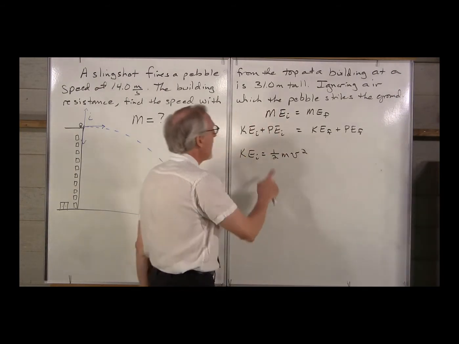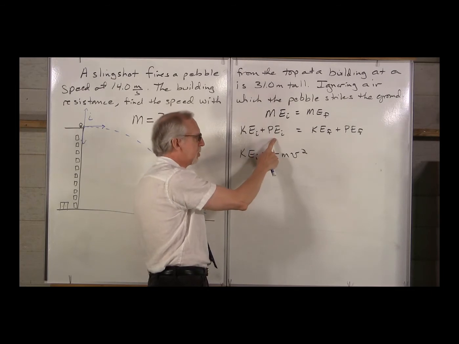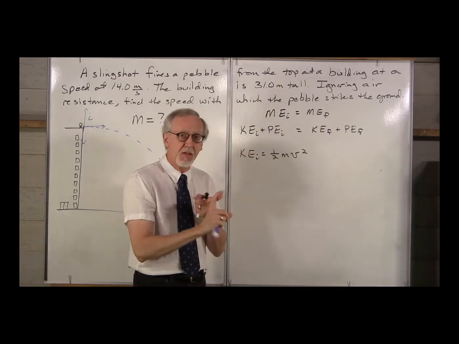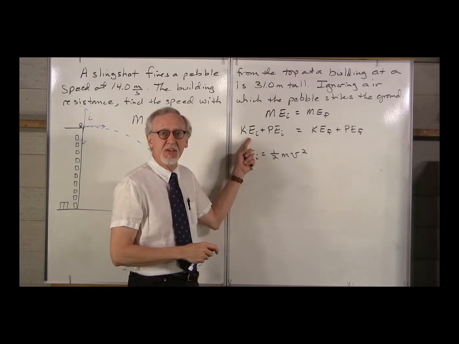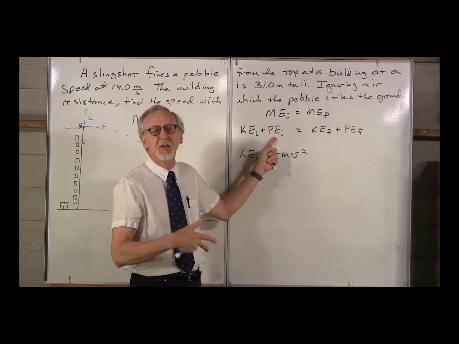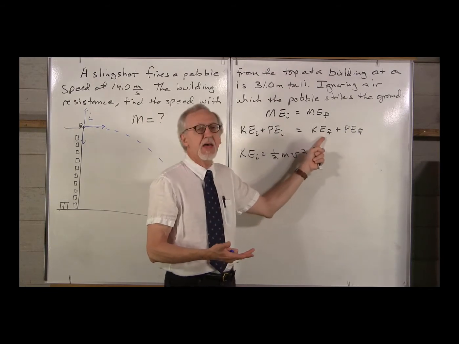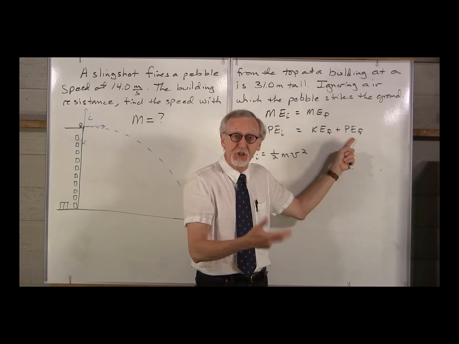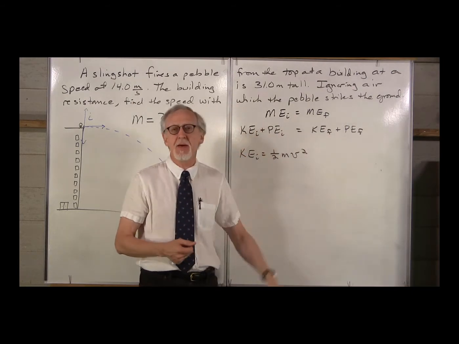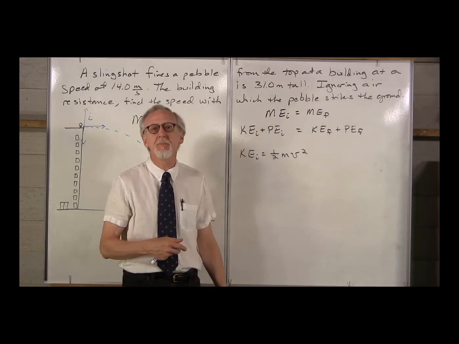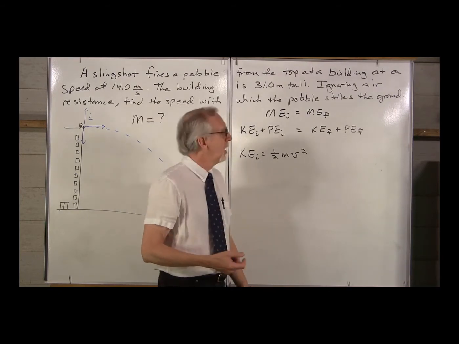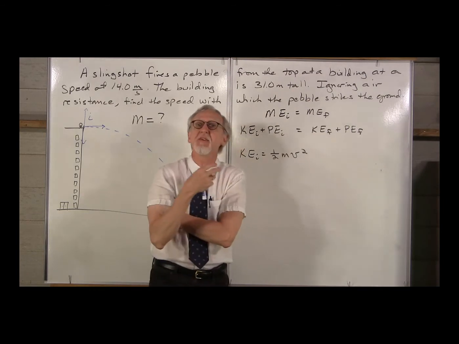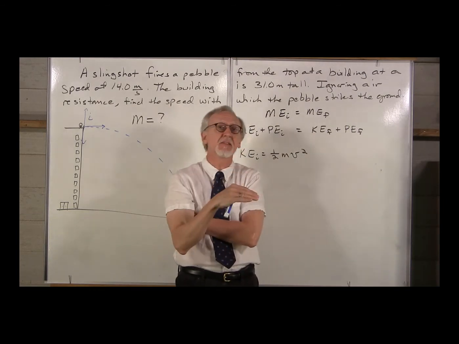We know that the initial kinetic, the initial potential, the final kinetic, the final potential, they all depend on the mass. 1/2 m v initial squared, m g h initial, 1/2 m v final squared, m g h final. They all depend on the mass. How can we solve the problem if we don't have the mass? Well, we know those all depend on the mass, but if we divided off the mass, it would cancel out.